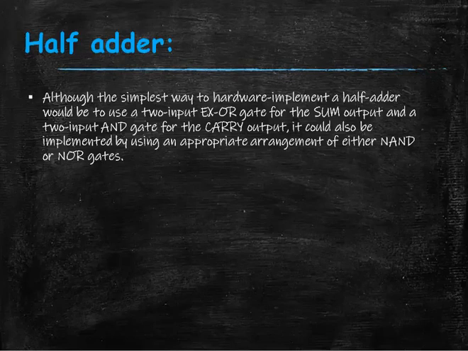But we know that for the implementation of the half adder, we have to use two different IC packages: first for the XOR gate and the second for the AND gate.